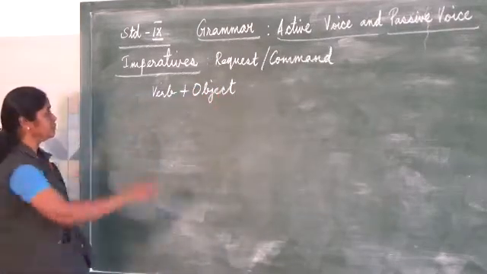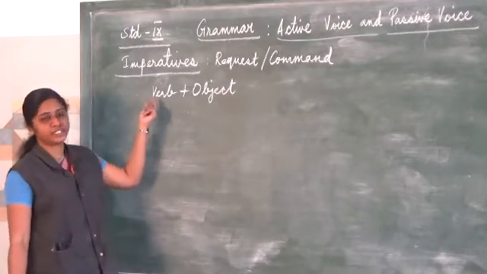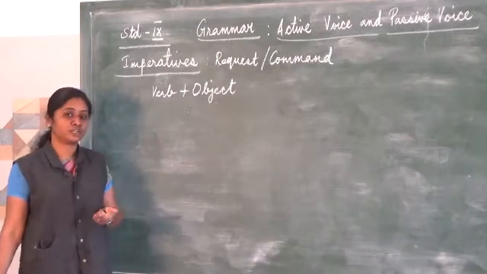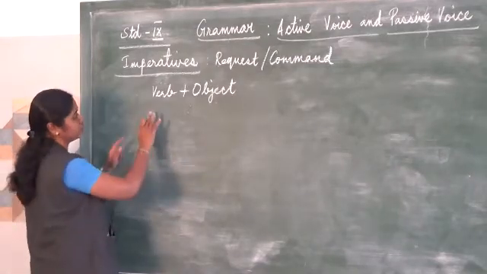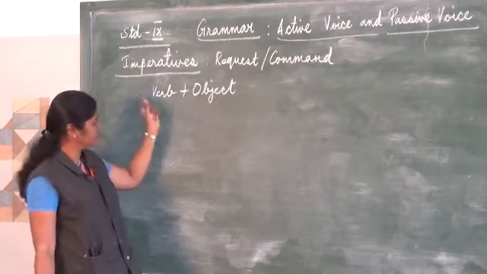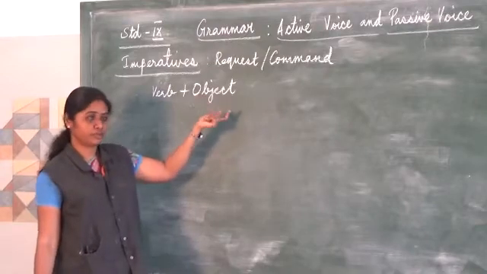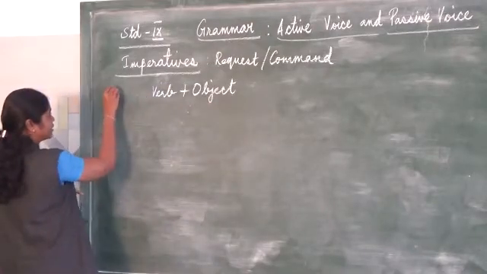To the maximum you will have some requesting words like please: please close the door, please fetch me some water. Otherwise, the structure of imperative sentences is only this. So imperative sentences begin with a verb and they have an object. So this is the active form.